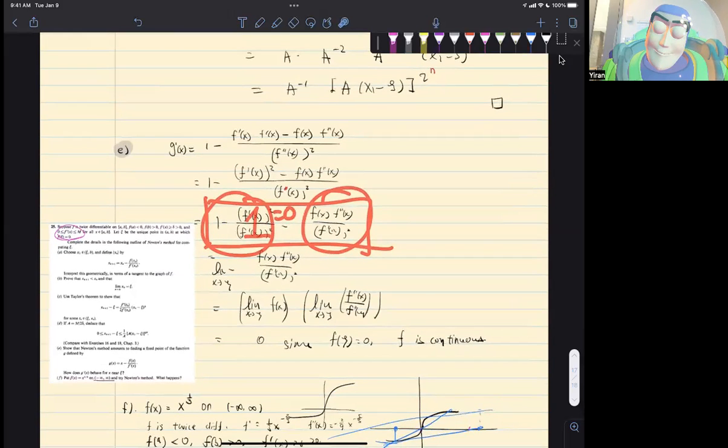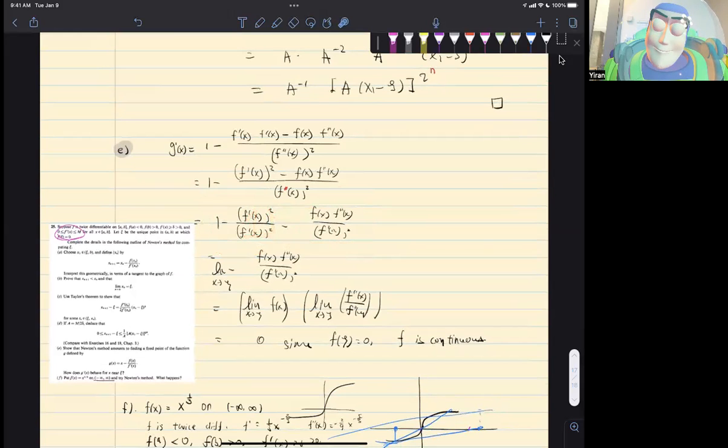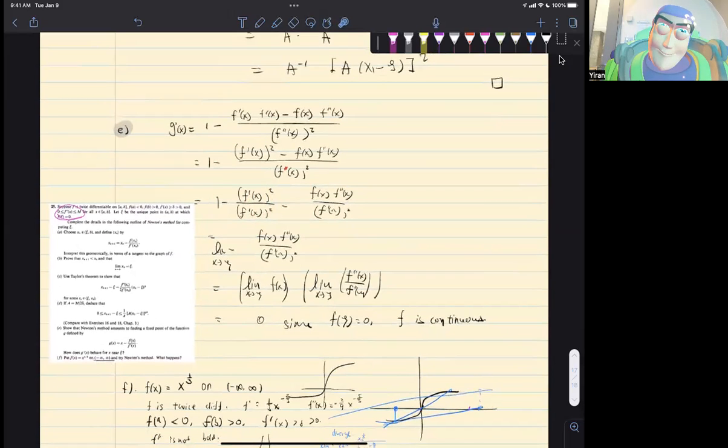And the question is, what is the limit of f(x) times f double prime(x) over f prime(x) squared? Well, when x converges to c, f(x) converges to 0 because f is continuous, right? So therefore the whole thing becomes 0. And then we answer the question.